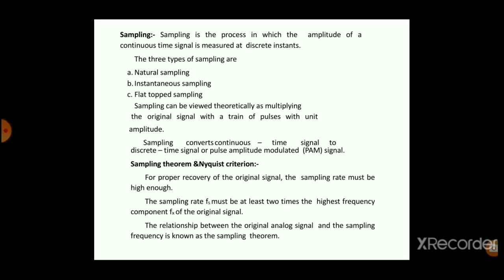Sampling theorem or Nyquist criteria. For proper recovery of the original signal, the sampling rate must be high enough. The sampling rate Fs must be at least 2 times the highest frequency component fx of the original signal.